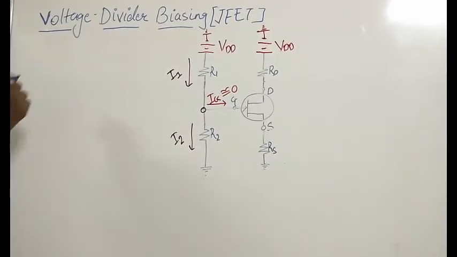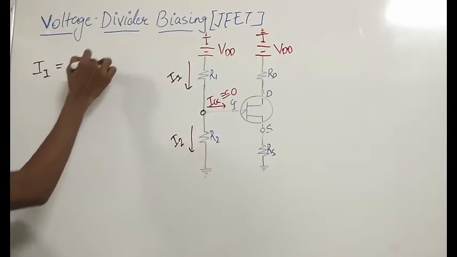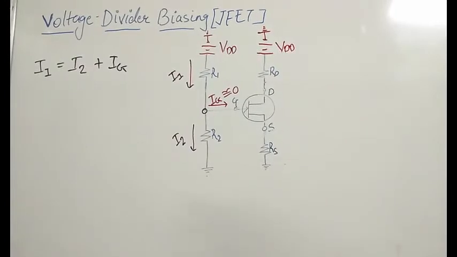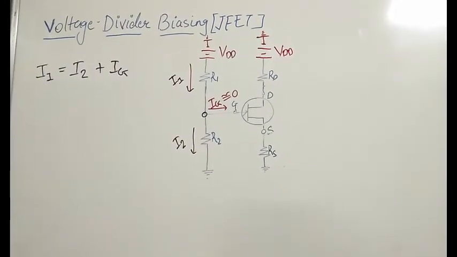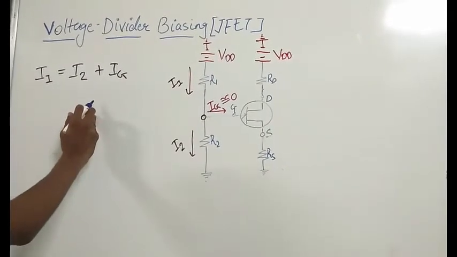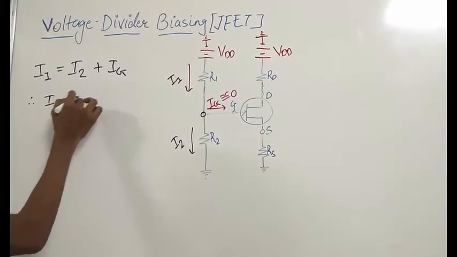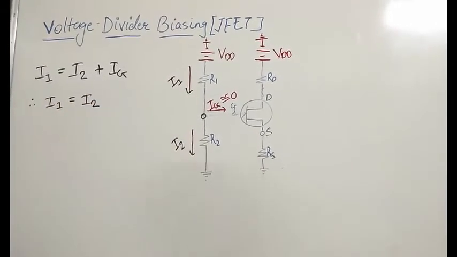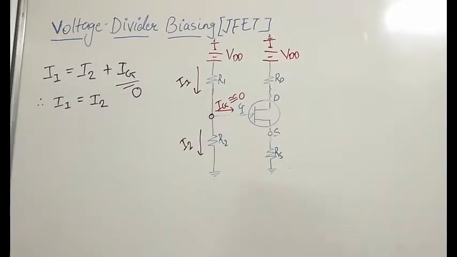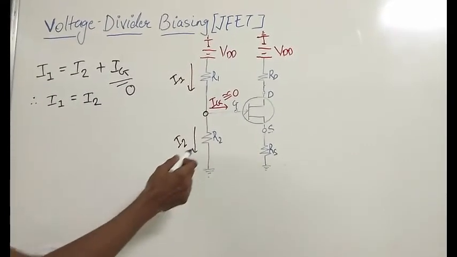So we can write that I1 is equal to I2 plus IG. As you can see, IG is nearly equal to 0. So we can write that I1 is equal to I2, because IG is 0.